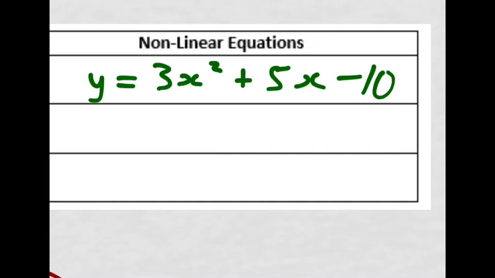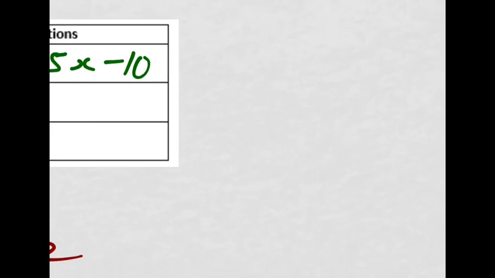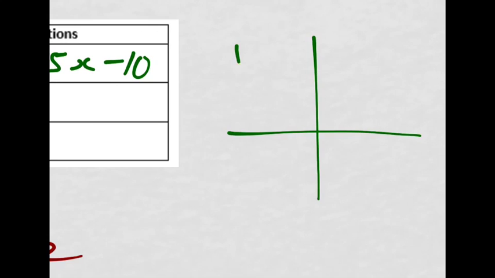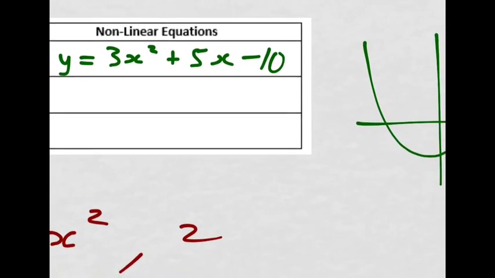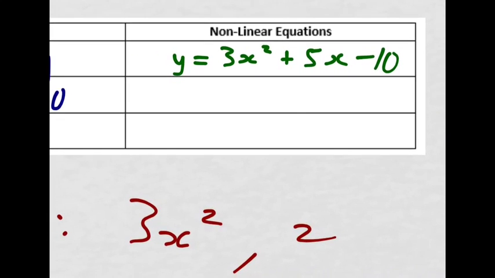Actually, it's called a quadratic, which you learn about in grade 10. When you graph it, it looks like this. Whoa. But how do you know from the equation that it's not linear? Because the maximum is not 1. The maximum in this case is 2.